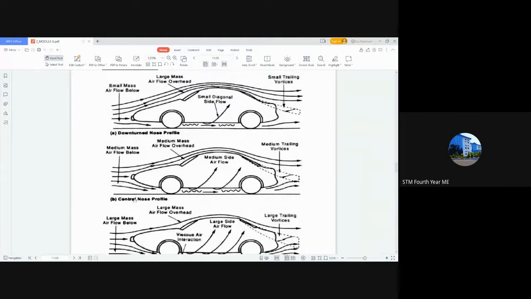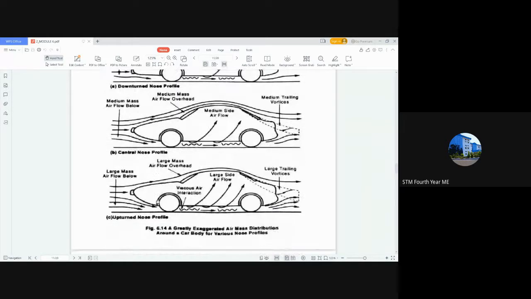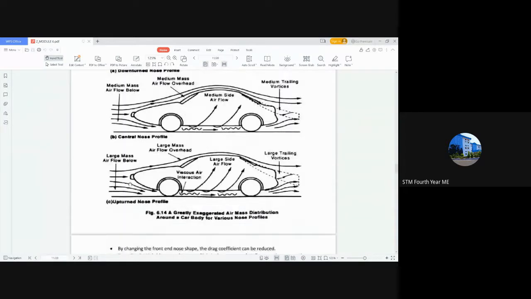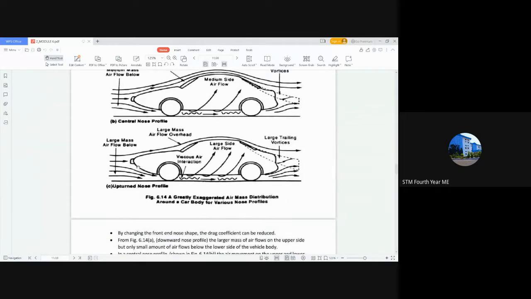You can see each shape shown here. You can see a down turned nose, where the nose is concentrated in the downward position. Here it is the medium or central nose, approximately at the center of the vehicle, and then the upturned nose.